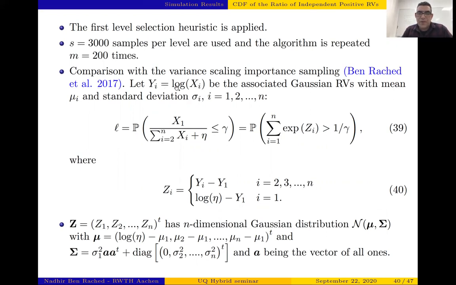Let me first review how we constructed this estimator. First, we consider the log-normal distribution, and Yi would be Gaussian in this case, with parameters mu i and standard deviation sigma i. And then the probability of interest can be written as the probability that a sum of correlated log-normals is bigger than 1 over gamma, where Z here is a multivariate Gaussian distribution with mean and sigma given by these two expressions.